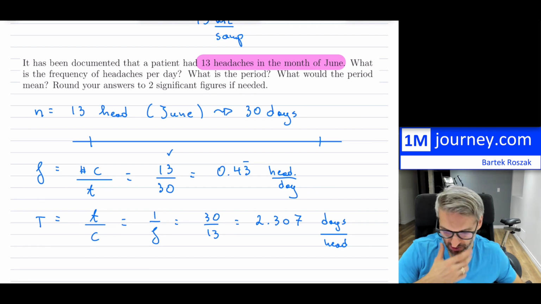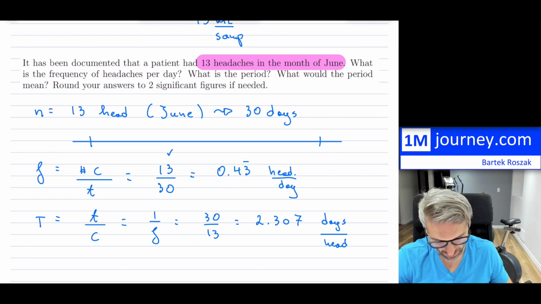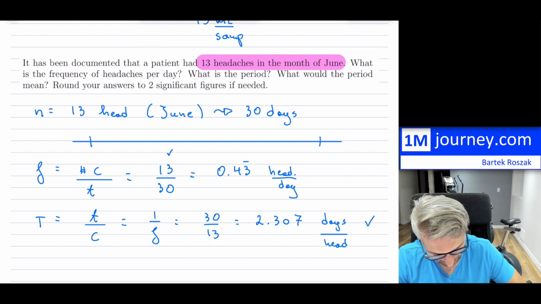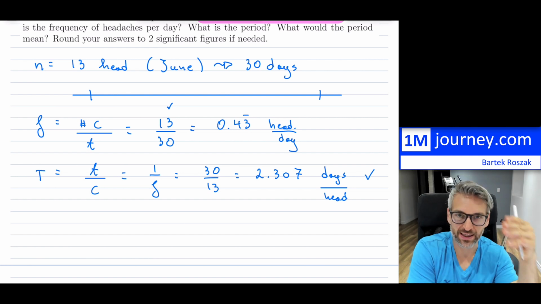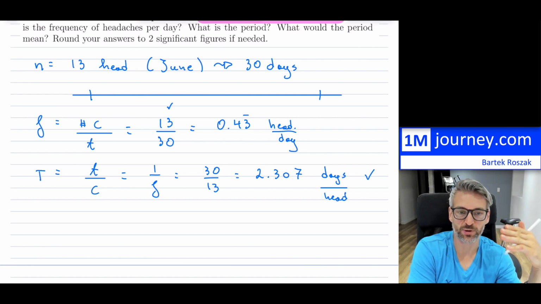I know that it says round your answers to two significant figures, so we can do that at the end. Now, what would the period mean? Of course, this would mean if you regularly had headaches, every 2.3 days a headache would come about for the patient.